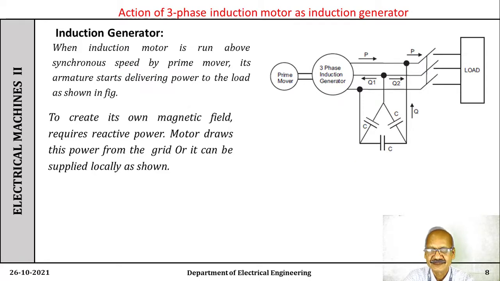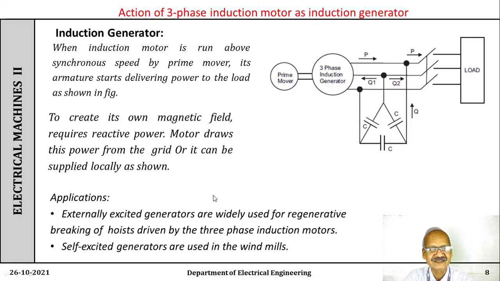This reactive power generated by this bank is supplied to the induction motor as well as to the load, whereas the active power generated by this induction generator is fed to the load only, or it is flowing toward the grid only.